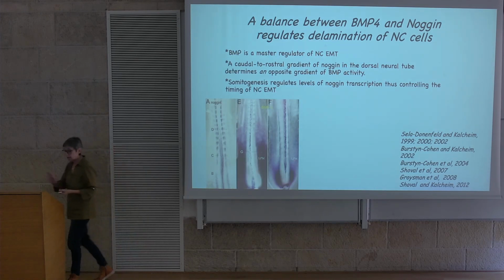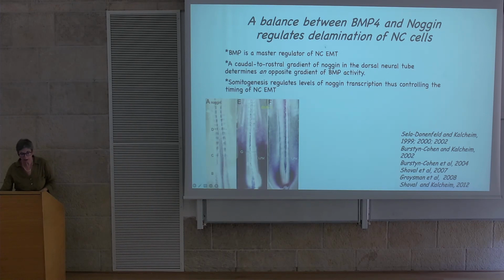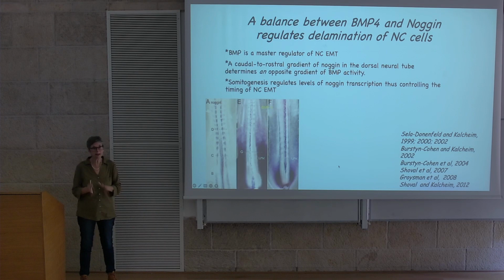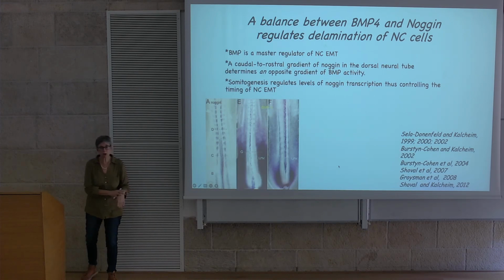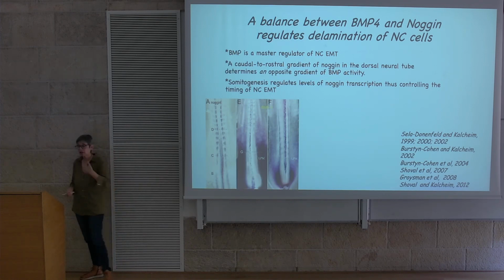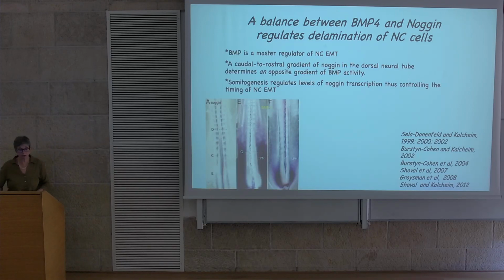And I will summarize it very, very quickly because, as you see in the references, this is quite an old work from the lab. We found that there is a molecule called bone morphogenetic protein, BMP, very important for the rest of the talk, initially found as a factor inducing bone growth, but now we know that it is essential for the specification of the neuroectoderm.